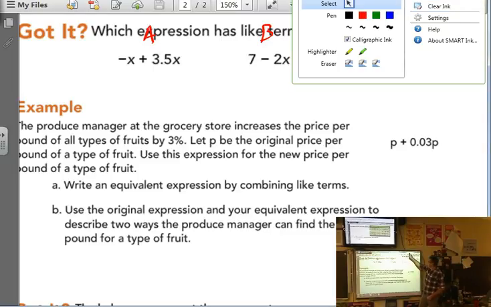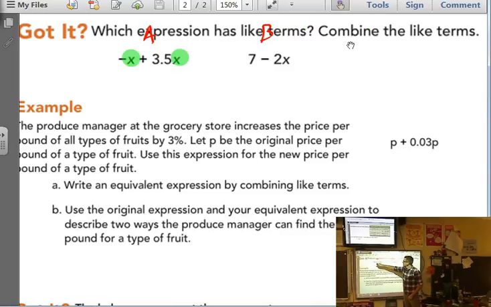Yeah, they both have x in them. Do either of them have any other letters involved? x is the only letter that we see, right? So these have the same variable parts. Can we add them? Yeah, because they're like terms, same variable parts.